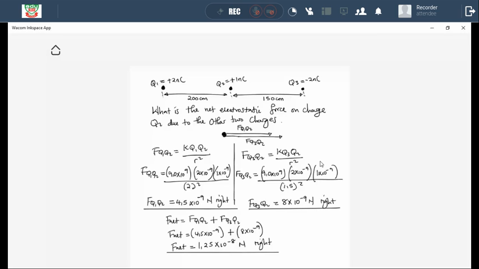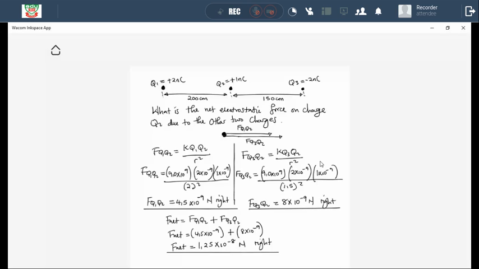So this is very correct. And also my free body diagram confirms that. So it means this is the net electrostatic force acting on Q2 due to Q1 and Q3. So overall, Q2 is going to be pushed towards the right.